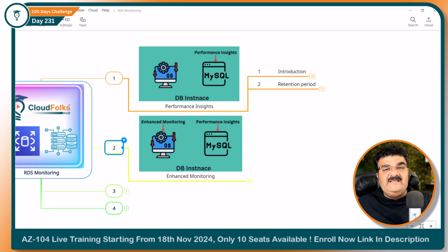As you know, in a DB instance, there are mainly 2 components: one, your SQL database engine, or it can be any database engine, and the operating system. Performance Insights will provide you monitoring metrics related to your database engine. But sometimes it is not enough, because of resource issues with your operating system, your database may not function correctly and you get slow performance.